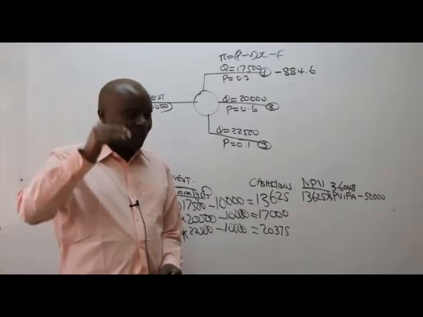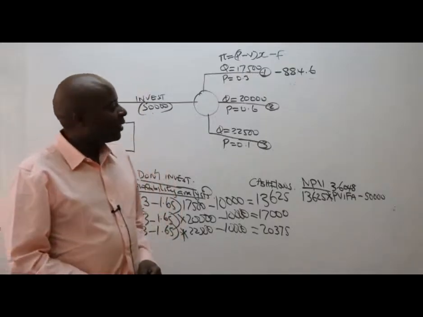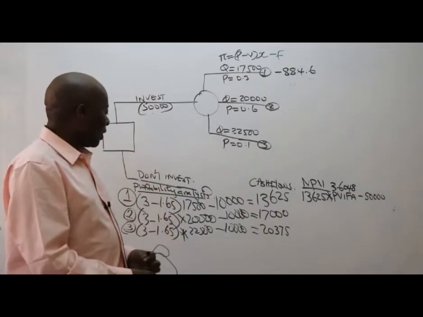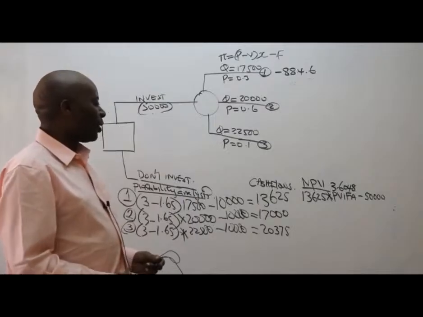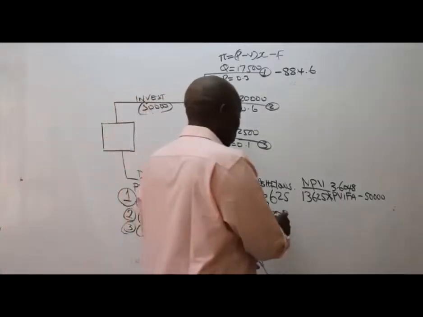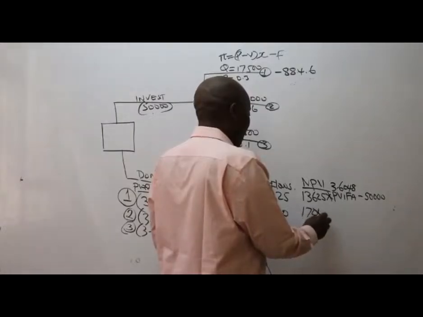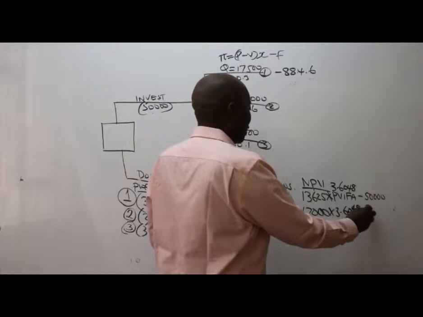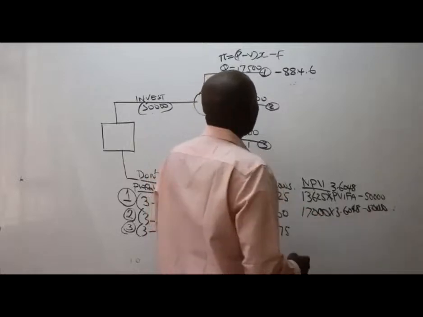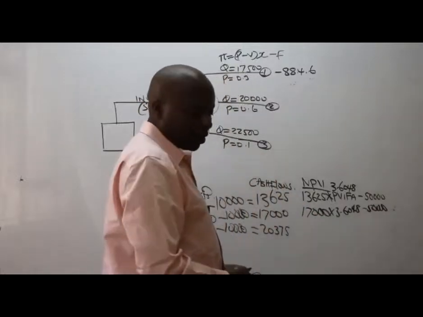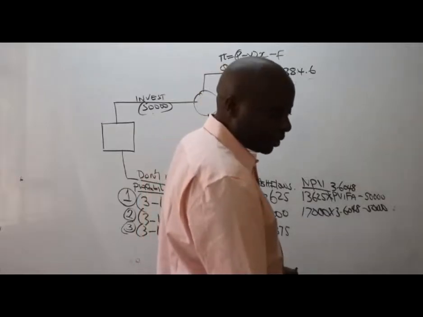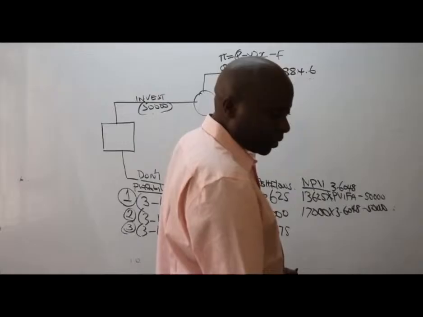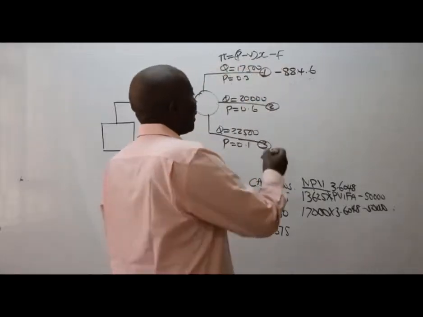You'll be tops. Come on, Michelle. Great. So how about number 2? Branch number 2, we have 17,000 times the same PV-FA, 360.48 minus 50,000, which according to Michelle is 11,281.6.